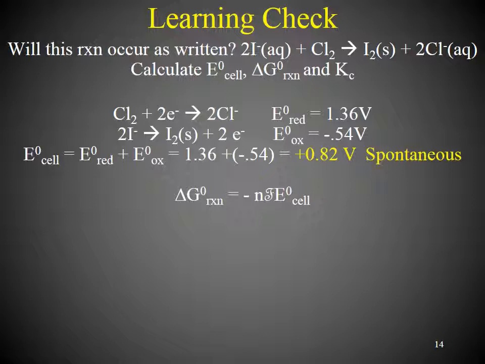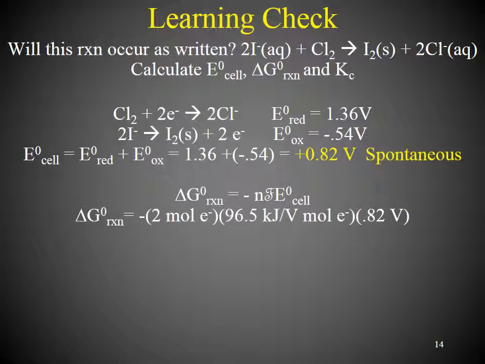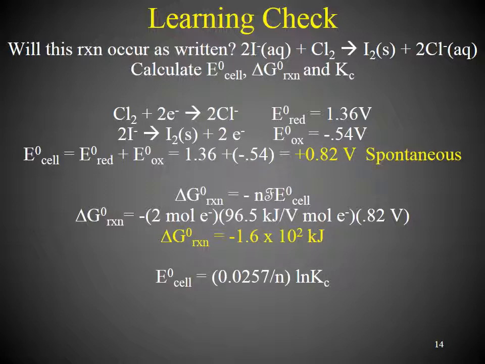Now that we have the value of the cell voltage, we can calculate the delta G of the reaction, which turns out to be negative 1.6 times 10 to the second kilojoules. And then we can also derive the equilibrium constant, as you can see here. The equilibrium constant is 5.2 times 10 to the 27th, which essentially says that the reaction goes to completion.